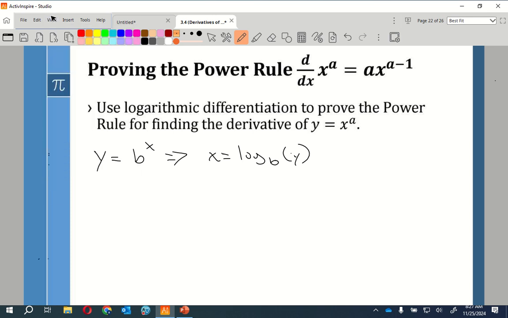Like I said, that's the log rule. That's the algebra stuff. So that's the algebra stuff right there.